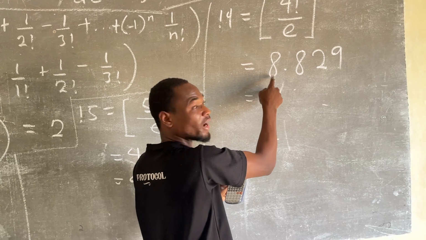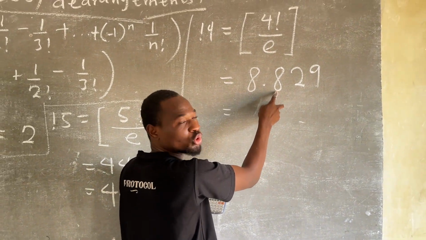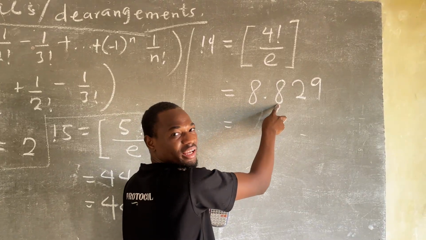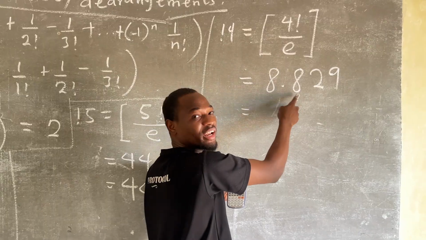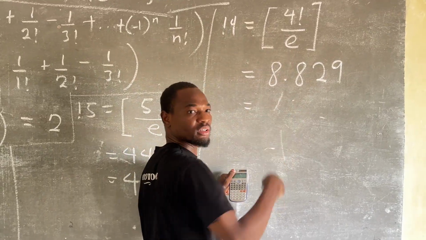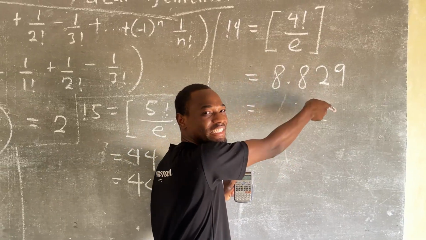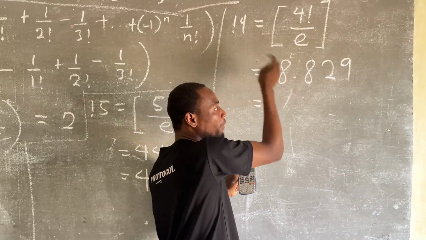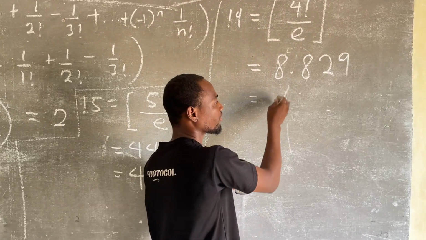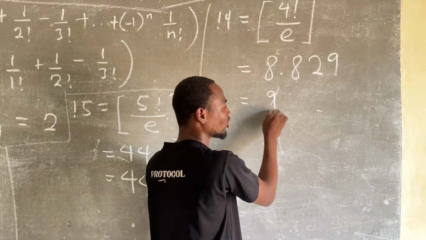But you realize that the part after the decimal point is more than 4. So when it is more than 4, you add 1 to the number preceding it. So we are going to add 1 to the whole number over here, and it will turn to 9.0.